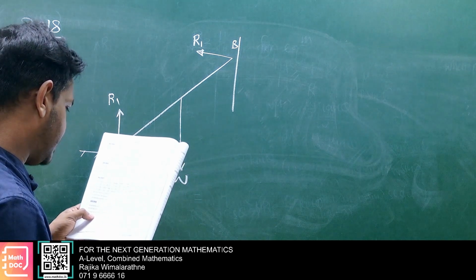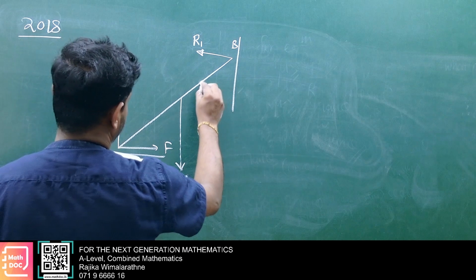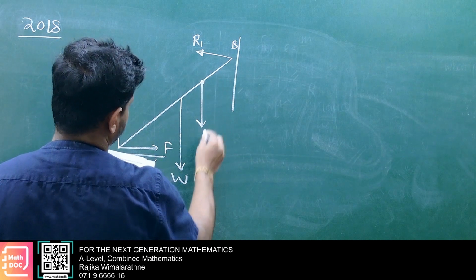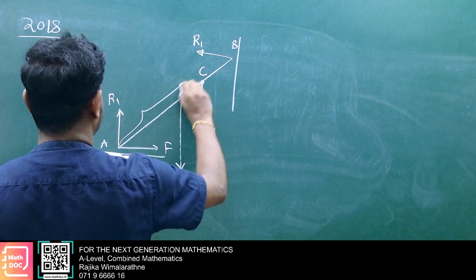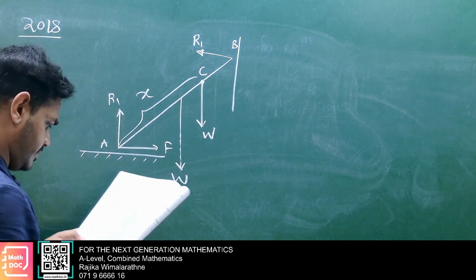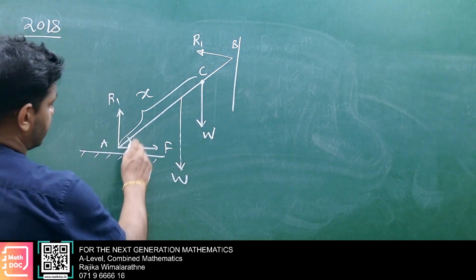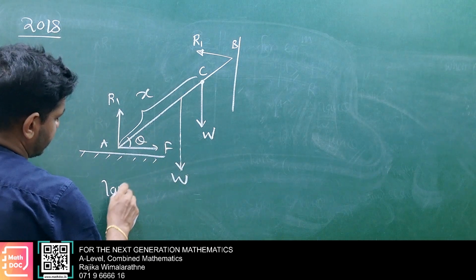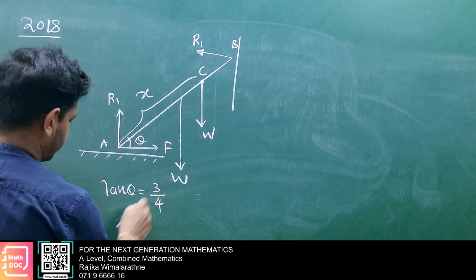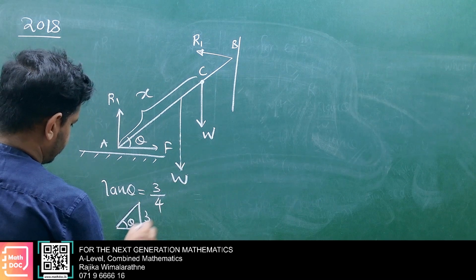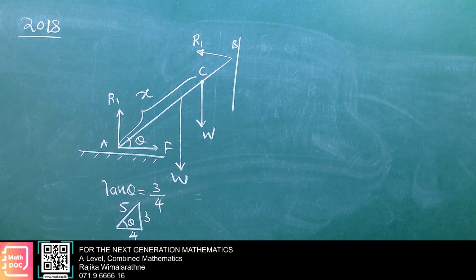A particle of weight W. Here on AB you mark here W at C. Here AC distance X. Rod inclination theta to the horizontal. Tan theta is 3/4. 3, 4, 5.